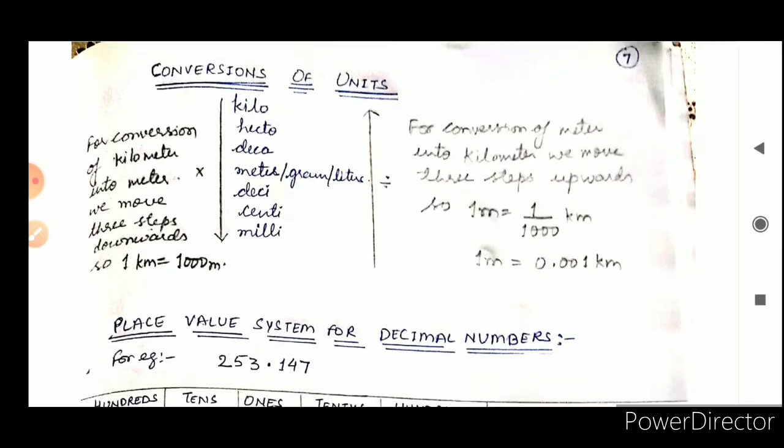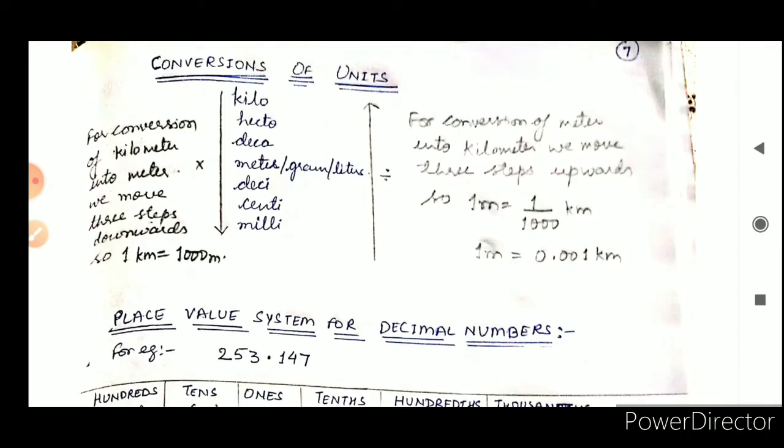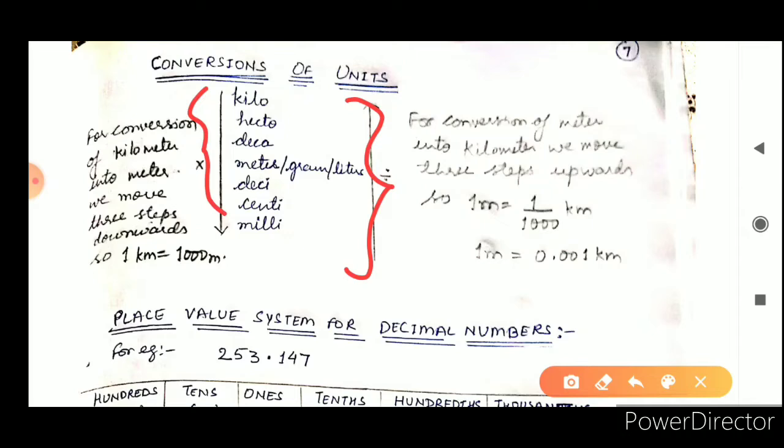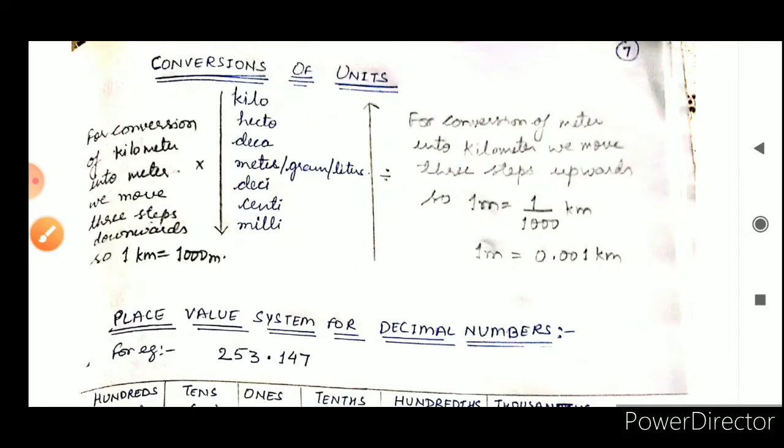Now the next important topic that you need to pay attention to is conversion of units. Here I have written all the conversions, all the tables that we need to see: kilo, hecto, deca, meter, deci, centi, milli. For conversion of kilometer into meter, bigger into smaller unit, we have to come downwards.